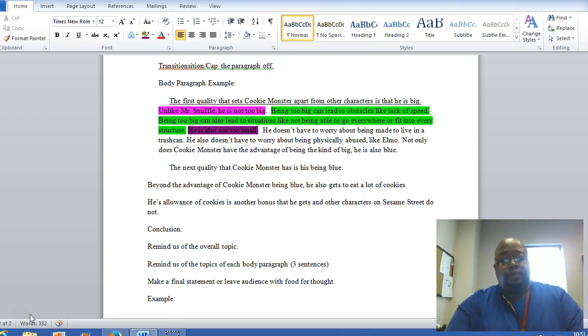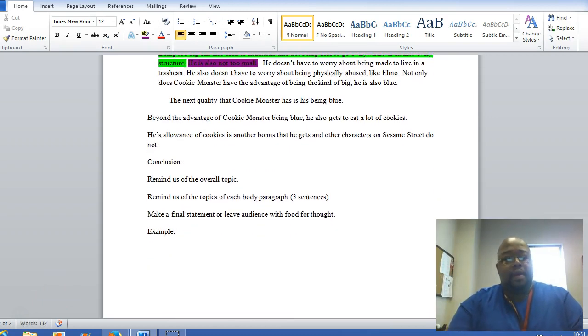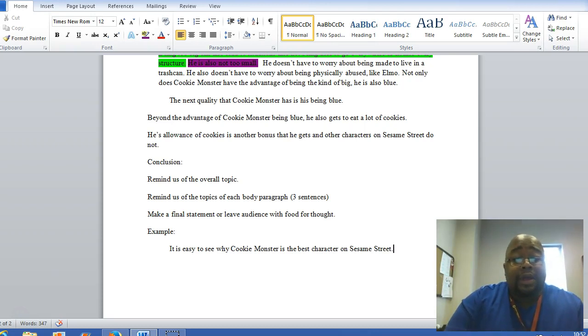All right, so to remind us of the overall topic, I'm going to say, it is easy to see why Cookie Monster is the best character on Sesame Street.